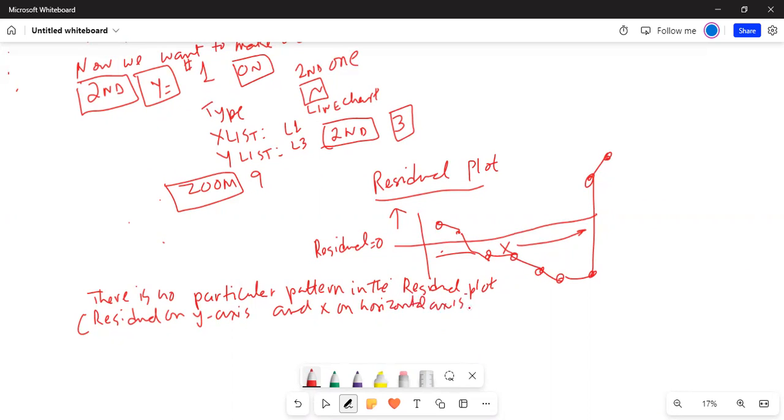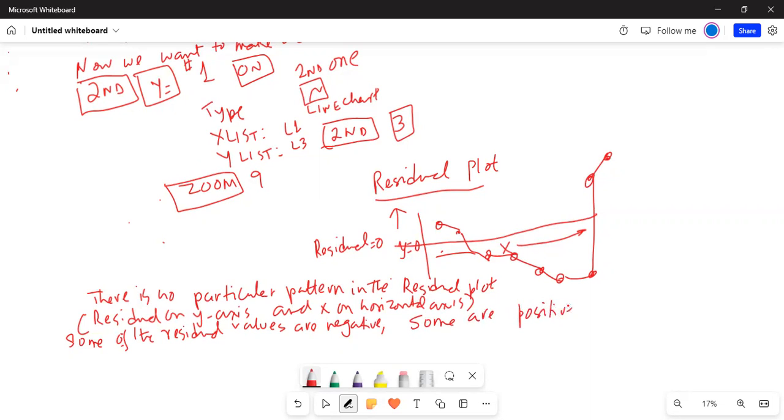Some of the residual values are negative, below the residual equal to 0 line. Points below the y equal to 0 line are negative, and some are positive.